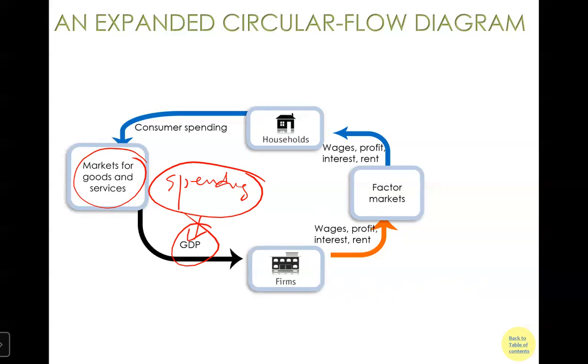Whatever you produced eventually will be purchased or consumed by someone. Number one. Number two, all the revenue or the money the firm received by selling goods in the market eventually will return to whoever owns those resources, right? So this means if we keep track of the income, this income.